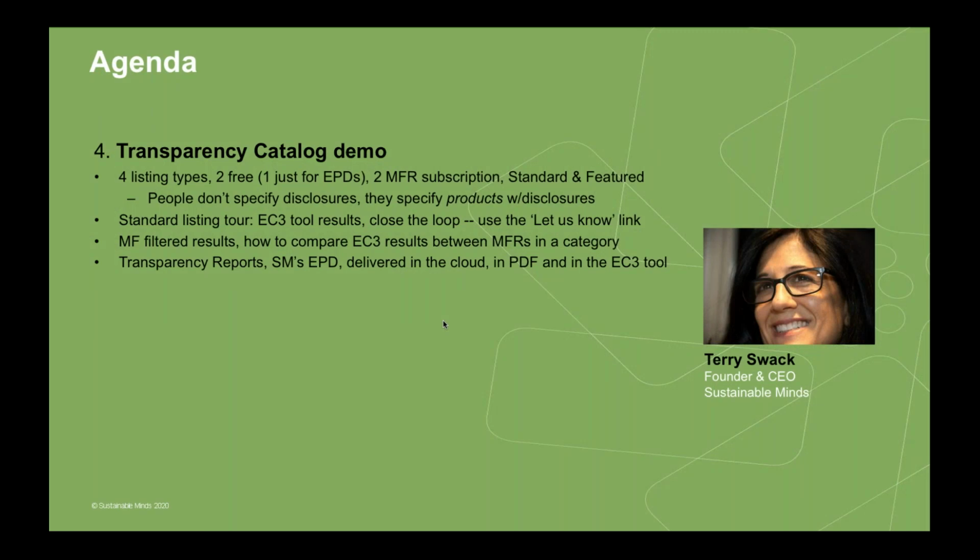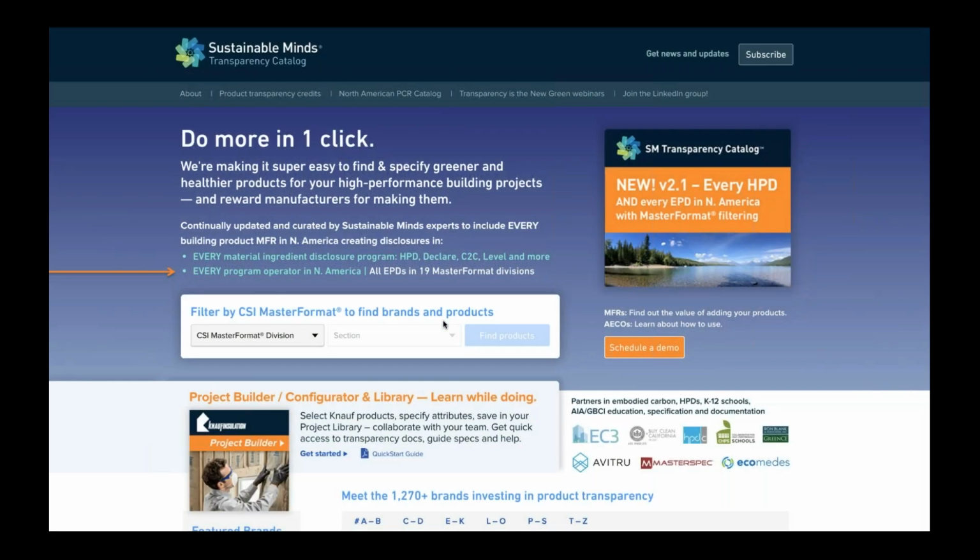So I'm going to jump now into the transparency catalog demo, and again, reinforce that in the transparency catalog, we have EPDs from every program operator in North America. And good news, there's EPDs in 19 master format divisions and hundreds of sections.